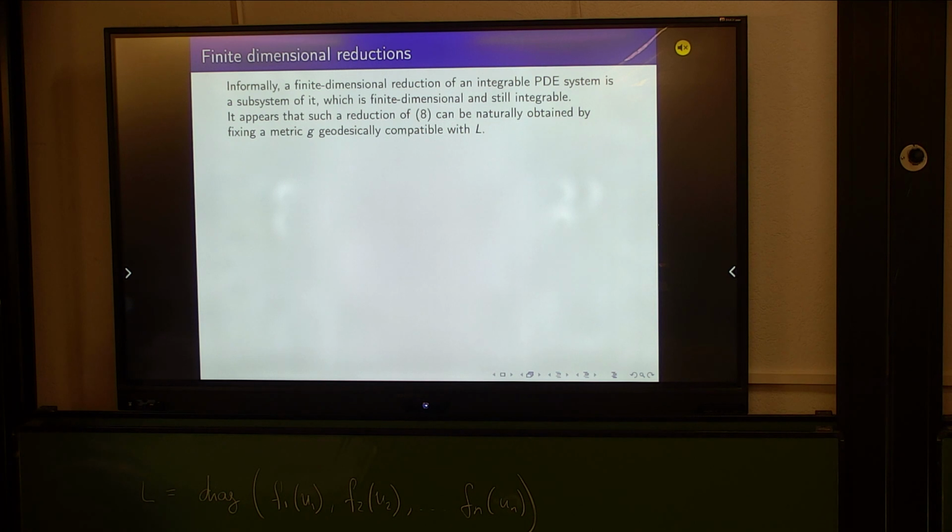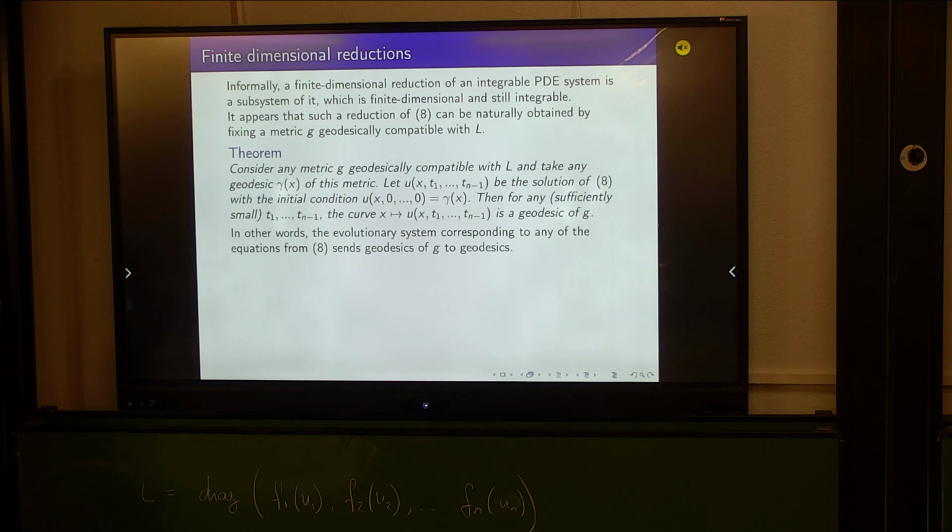So in this context, the following theorem holds true. We have a system of PDEs which is constructed from a Nijenhuis operator. Take this operator L and take the metric geodesically compatible with it. Take any geodesic and consider it as the initial condition for our infinite dimensional PDE system.